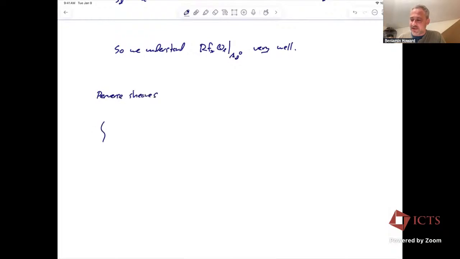We already have this functor, representations of WD to local systems on the regular semi-simple locus. So I'm going to give that a name now. I'm going to call it rho goes to bracket rho.